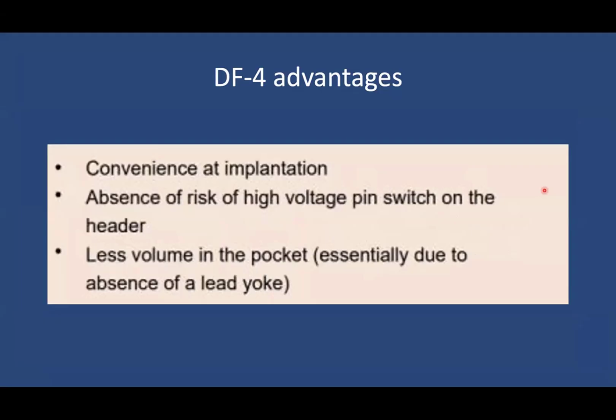It's convenient at implantation because it's smaller. Therefore, because of the lead placement, it's not likely that you're going to get the high voltage pin switched in the wrong position because it's all placed in the same spot. And it occupies less volume in the pocket because of the absence of the Y connecting yoke that forces you into the trifurcation.